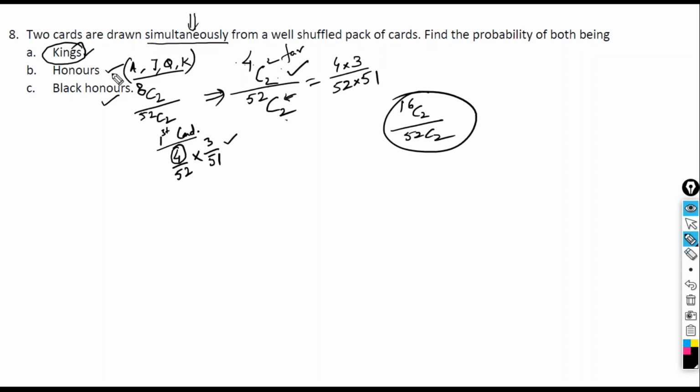Likewise in B and C. For each suit, there are 4 honor cards. As we have a total of 4 suits, the total number of honor cards is 16, out of which we have to select 2. They are my favorable cases. Out of total cases, you select any 2 cards out of 52.